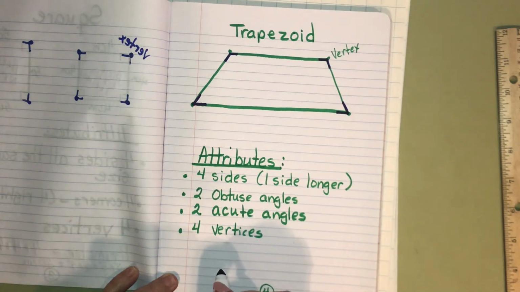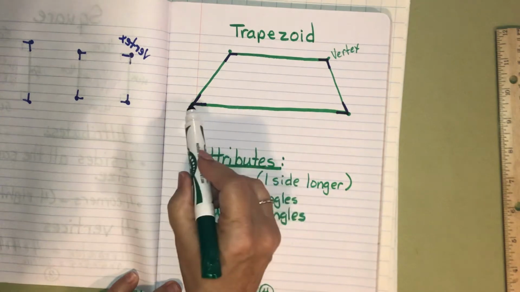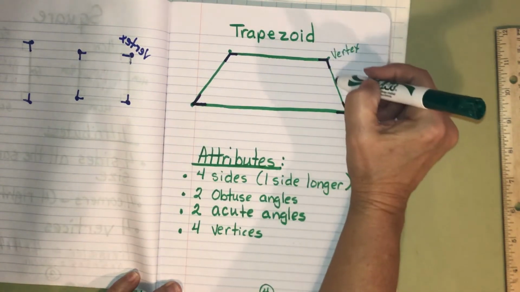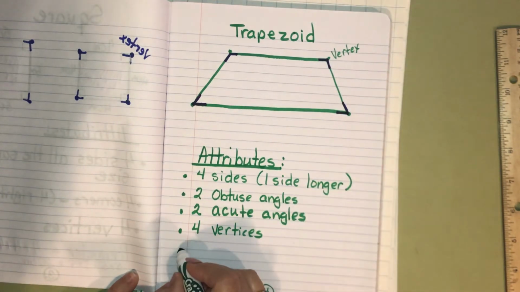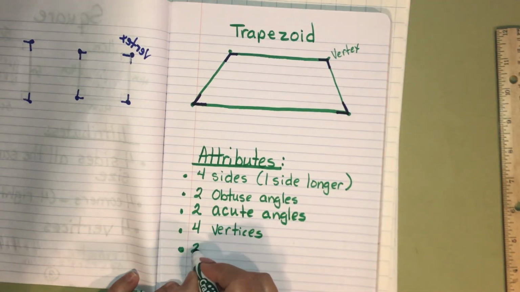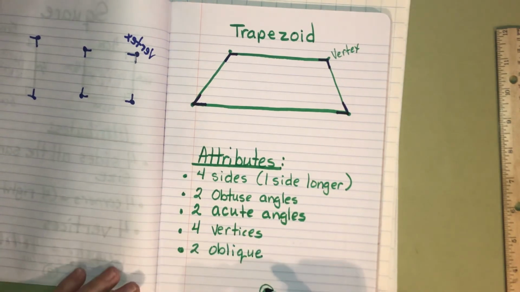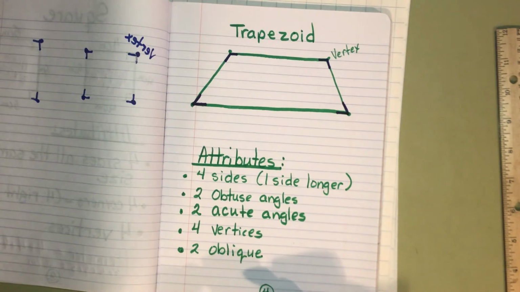All right. Now, one of the other things, we said that one line is longer, but these are also oblique. So you can say that you have 2 oblique lines or diagonal, okay?